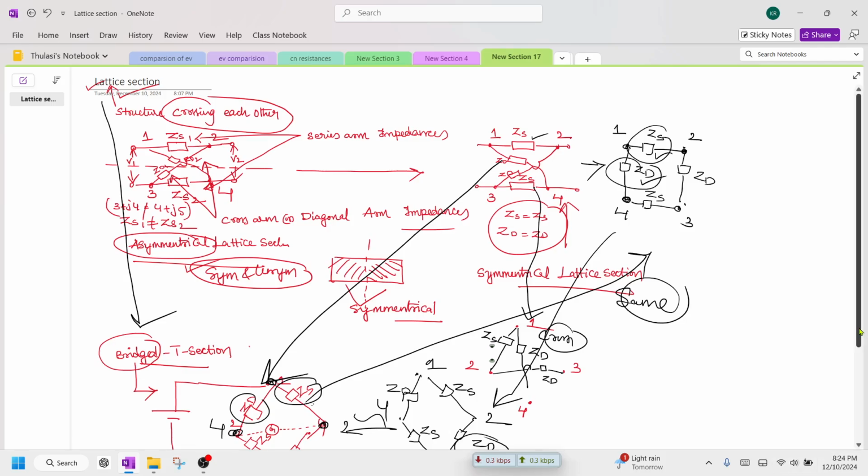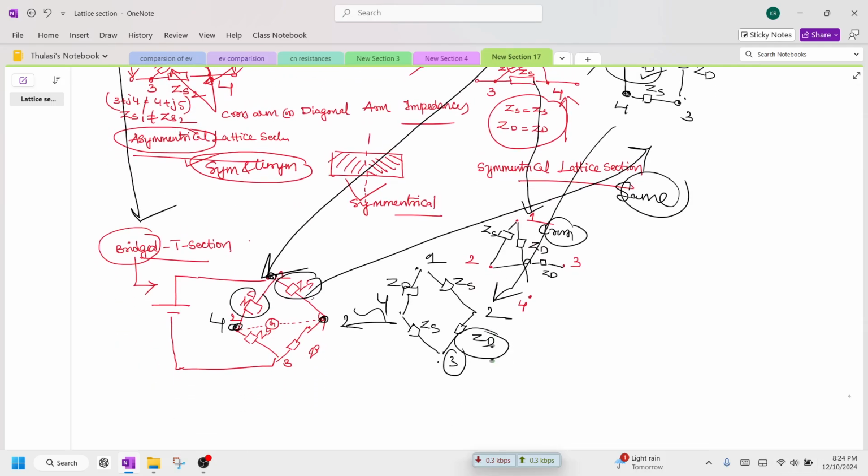Bridge is very important. The balancing of this is the product of opposite arms. Generally we apply the voltage to 1 and 3, but you can also apply the voltage between 2 and 4 and connect a galvanometer between 1 and 3. Now, taking it simply, I apply voltage at 1 and 3 and connect a galvanometer between 2 and 4.